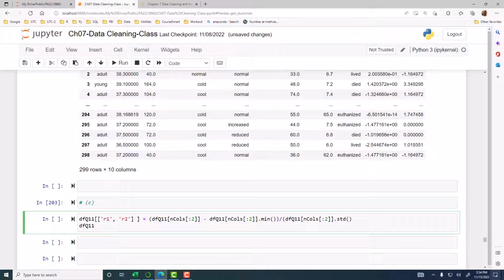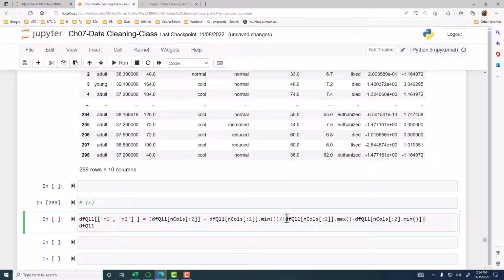So we need max here minus DFQ11 ncols 2 dot min, and then close parenthesis.